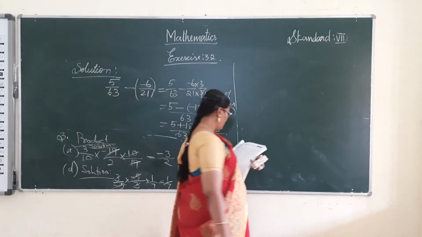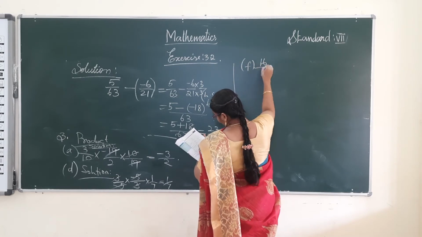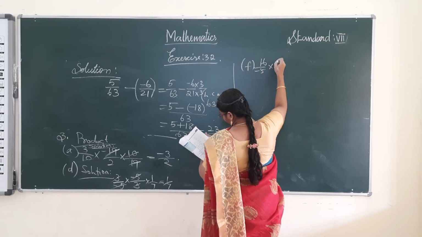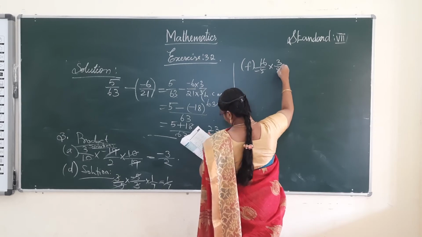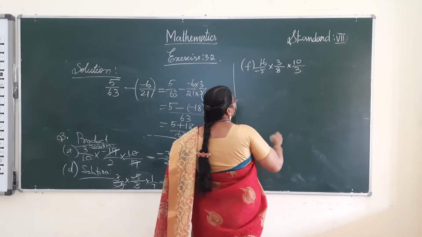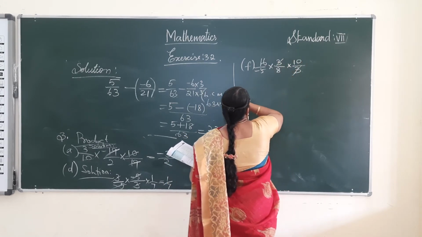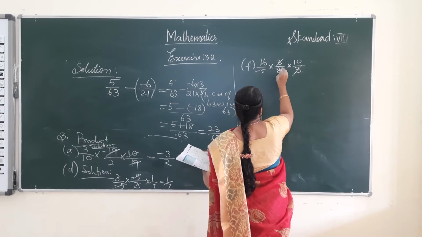Next, F. Here also cancel in 3 table: 3 will be cancelled.